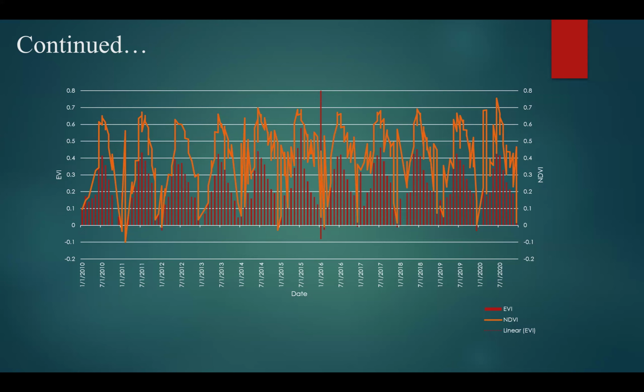When the NDVI index is going down, we can conclude that it is especially in the dry seasons, where the greenness of the vegetation is going down, and it goes upwards in the wet seasons, where the greenness of the vegetation is going up.